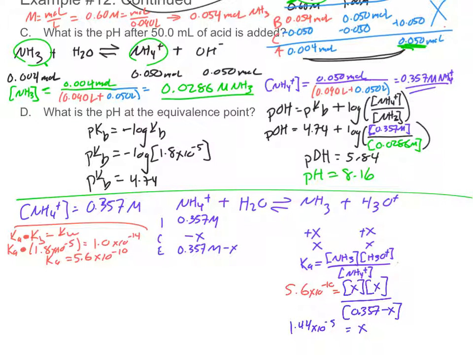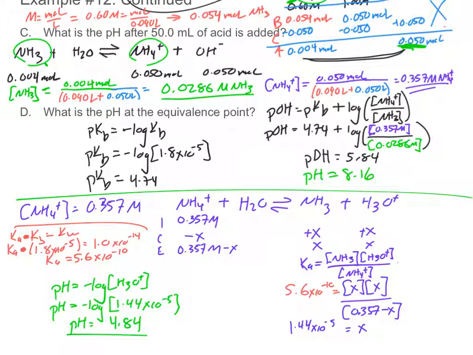So from there, I can now calculate the pH, which is the negative log of the H3O plus. The pH is equal to the negative log of 1.44 times 10 to the minus 5. The pH is equal to 4.84, which is approximately where we should end, or at least the pH should be, because we added a lot of acid to a weak base.